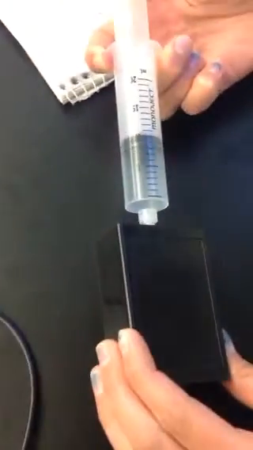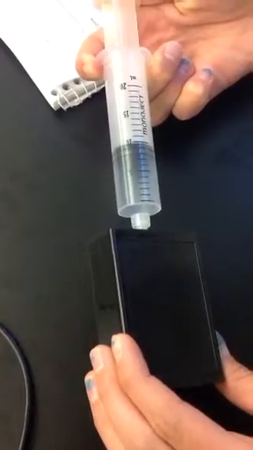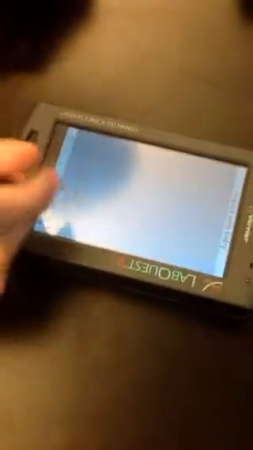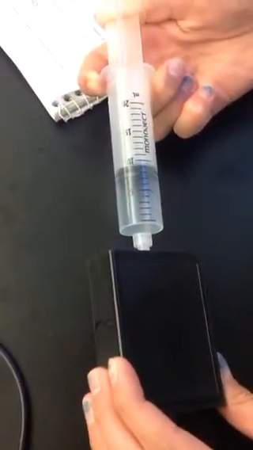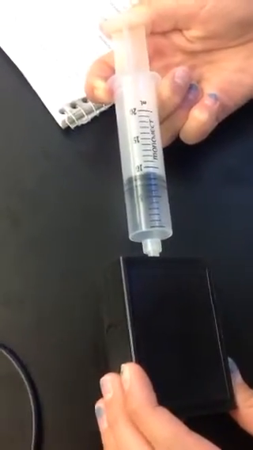Next data point, 8 milliliters. And we're saving that. Now another volume, continuing to decrease the volume.